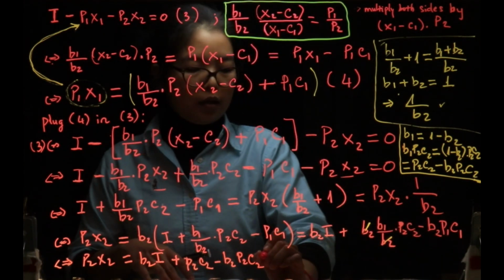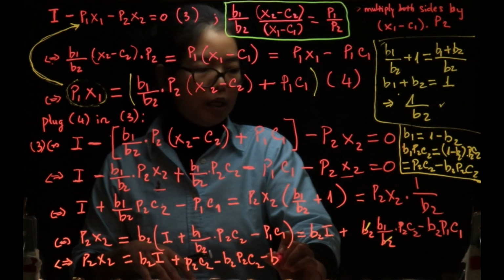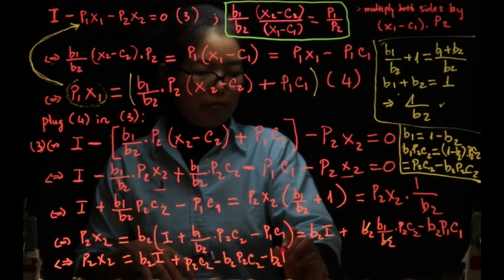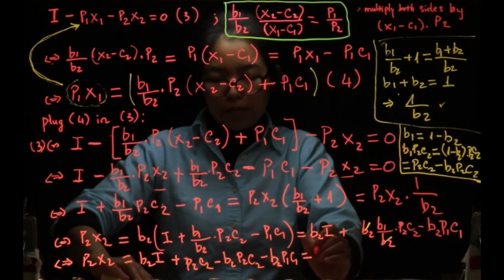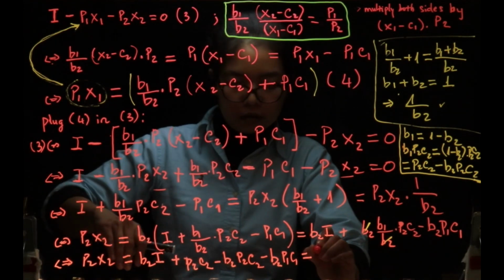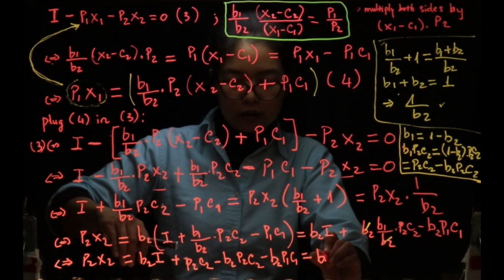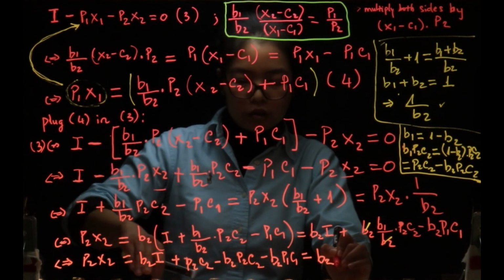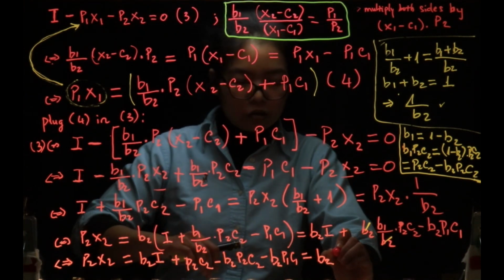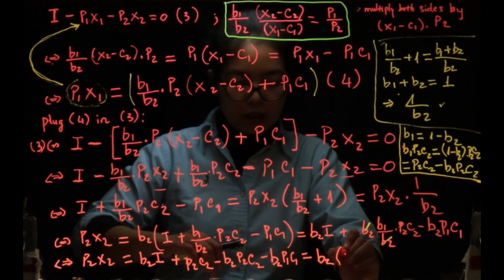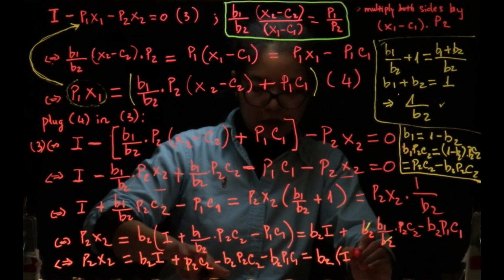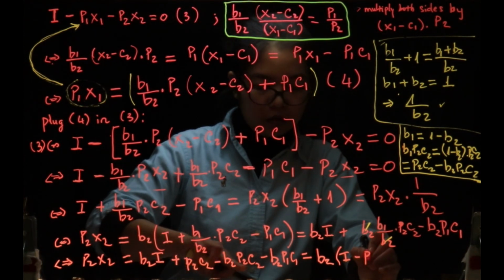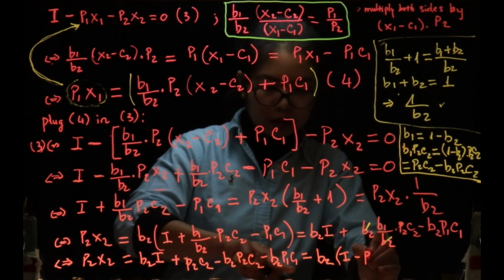Now this term, another time minus b2 p1 c1, right? And now we can put b2 out because it's shared by many summands in here, right? So inside there we have I. There's no b2 in here. Skip it for now. Here minus p2 c2, right? But here minus p1 c1.